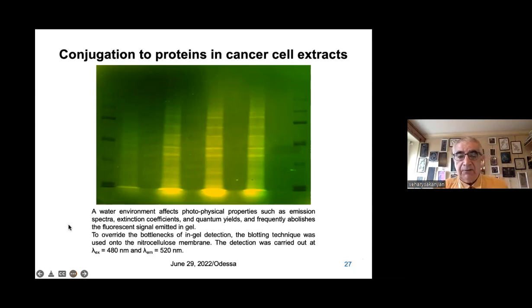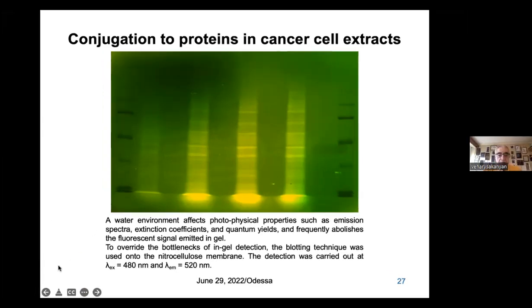It's a Python system which can detect the signals at the corresponding values required for the detection. So it was an excitation at 480 nanometers and emission at 520 nanometers.